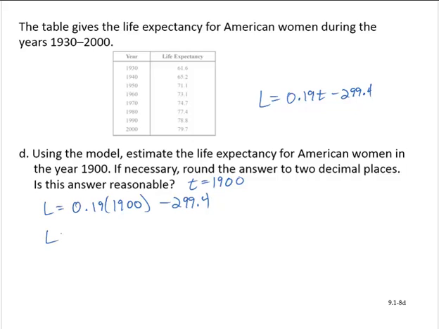We'll go through the arithmetic. I made an error in my calculation here. 0.19 times 1900 is 361, and 361 minus 299.4 is 61.6.